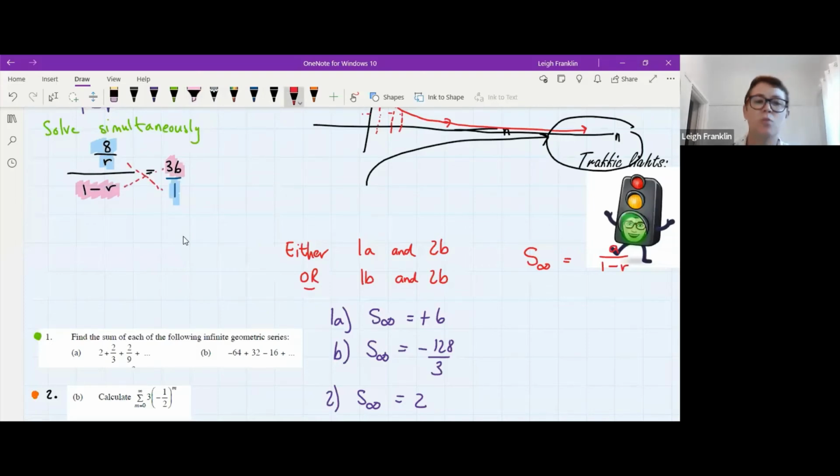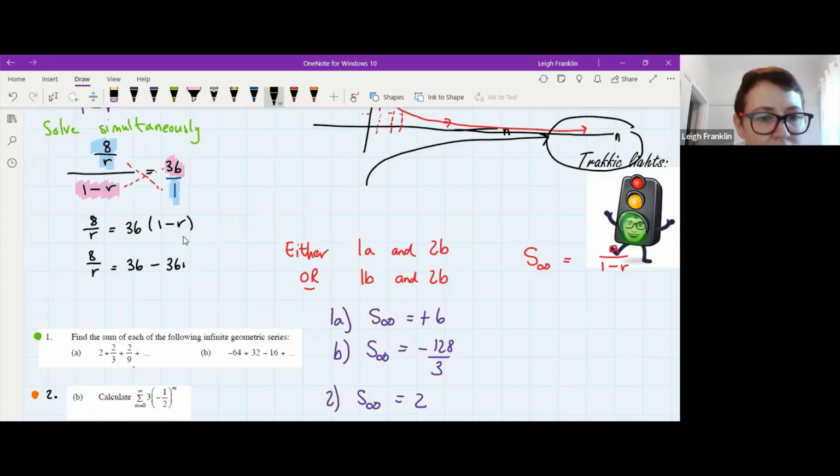Okay, and then that means we don't have the 1 minus R in the denominator any longer. So 8 over R times 1 is 8 over R. And 36 times 1 minus R means we would end up with 8 over R is equal to, expand our brackets, 36 minus 36R.